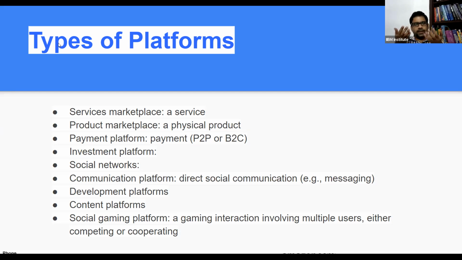YouTube is just giving a platform and server space to host the content creators' videos, and viewers come and watch. In between, they get revenue from paid subscriptions or by running ads.